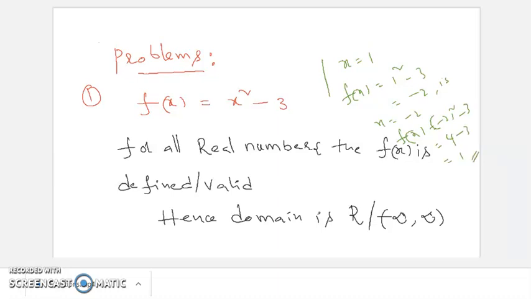So you take any real number in place of x, you get a defined or valid number for the function f of x. Hence, the domain of the given function is the set of real numbers, which we simply denote as the open interval minus infinity to plus infinity. So this is the domain of the given function f of x is equal to x square minus 3.